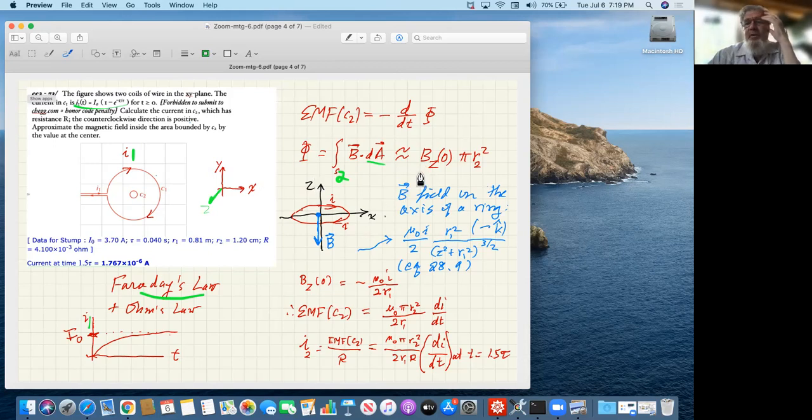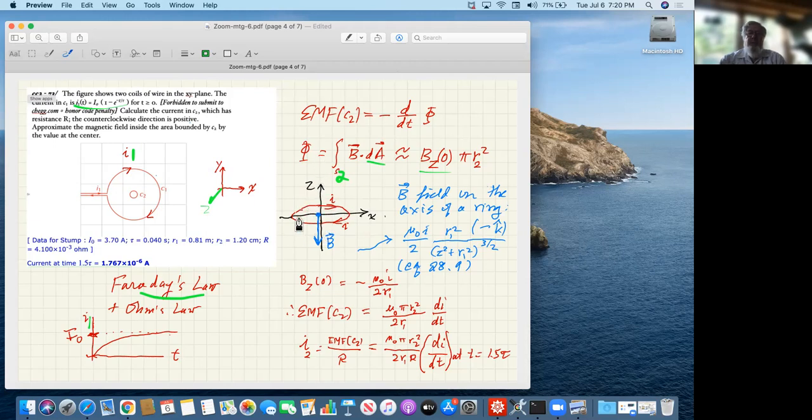Now you have to know this magnetic field on the axis of a ring. And this is a problem that was done in the previous chapter. So suppose you have a ring of current, and that's in the XY plane. So perpendicular to that is the Z axis.